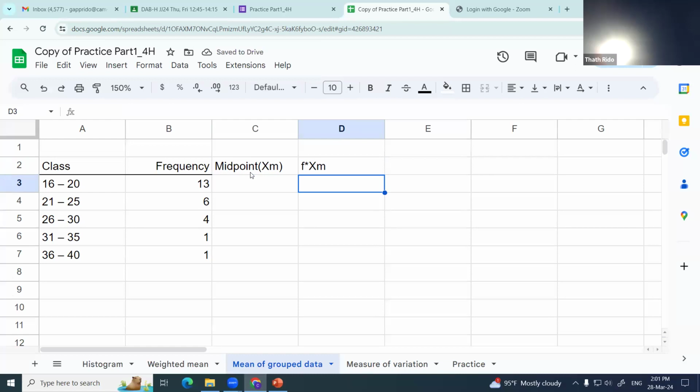The formula to compute the midpoint is lower limit plus upper limit, divided by 2. Our lower limit in the first class is 16 and the upper limit is 20, divided by 2. So it's 18.